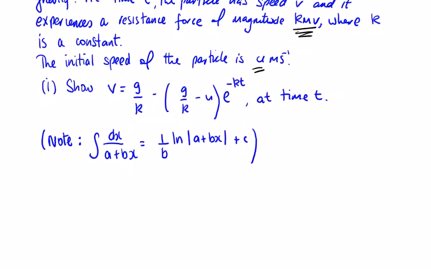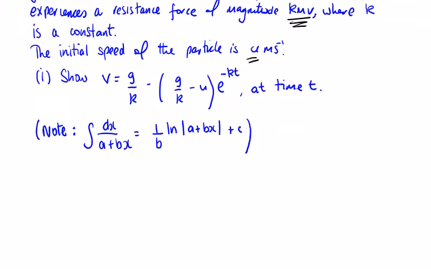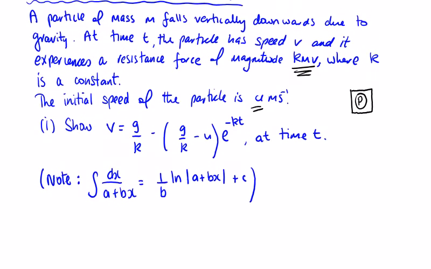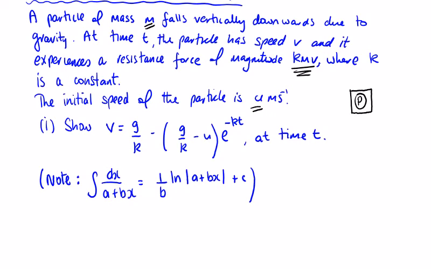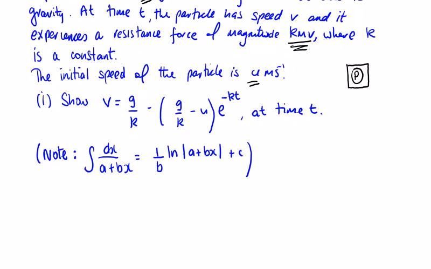Okay, there's a little bit going on here. Let's have a look at our forces diagram first up here. So we have particle P, its mass is m, and it falls vertically downwards due to gravity. So mg going down. This resistance force kmv is in the opposite direction.